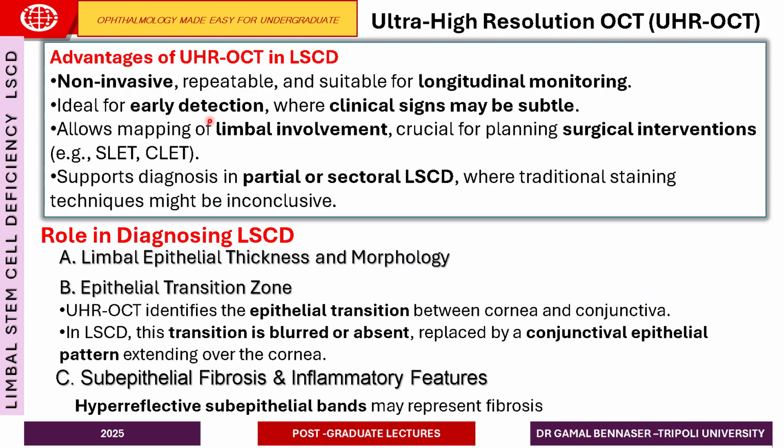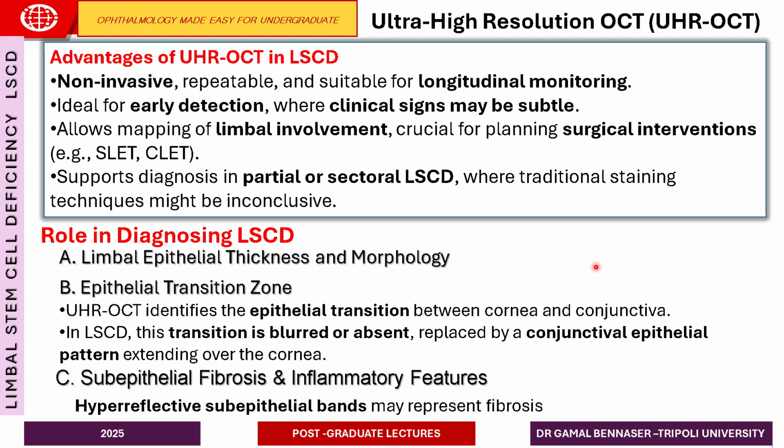And this is also important for mapping and planning the surgical intervention that we are going to do. So it provides a histological picture of the limbus and the corneal epithelium. And this is also helpful in staging and classification of the degree of limbal stem cell deficiency.